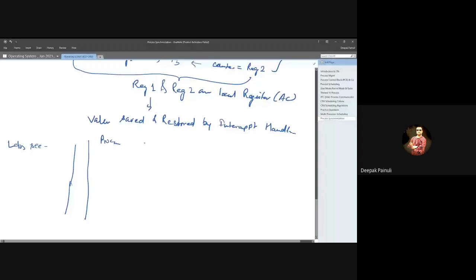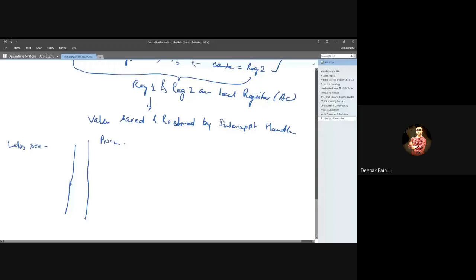Let us understand it by the sequence of execution. Let's assume the transactions took place in some order.